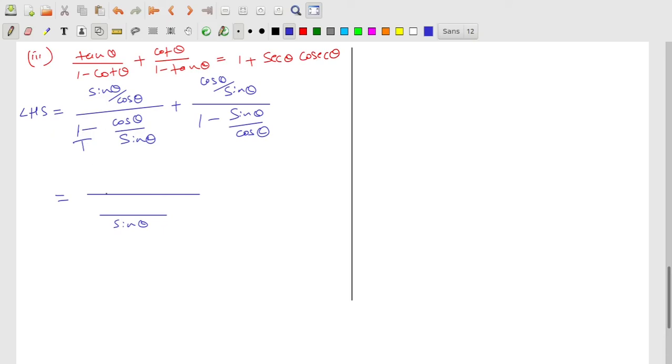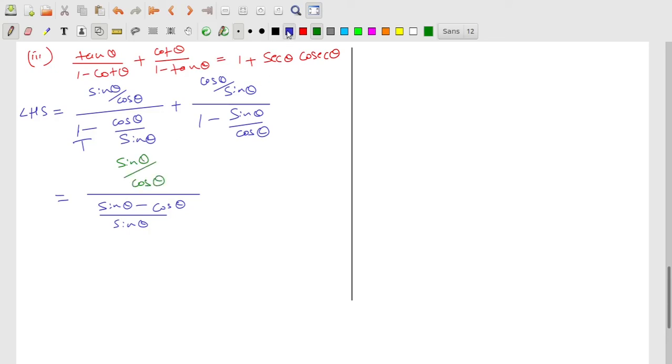And here cross multiply, you will get sin theta minus cos theta. 1 by 1 minus cos theta by sin theta, sin theta LCM. If you just cross multiply 1 into sin theta, and here sin theta into 1, that will give cos theta here, right? So this is the denominator, and in the numerator you will get, keep it as it is, sin theta by cos theta.